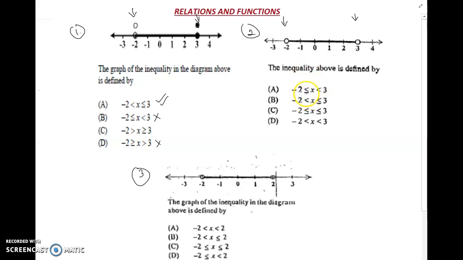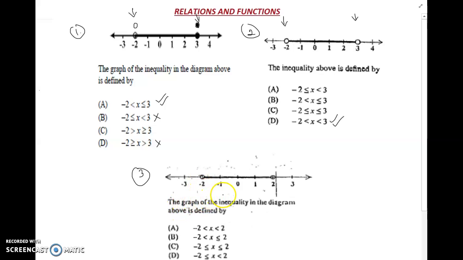You see how here we have the equal line, here we have the equal line, here, and here. And D, we don't have any equal lines. 2 open circles, so the answer is D. So this one was easy, but just to show you how similar CSEC brings these questions. It's essentially the same thing. The first one had an open circle and then a solid circle, and the second one had 2 open circles. All right, let's get number 3.